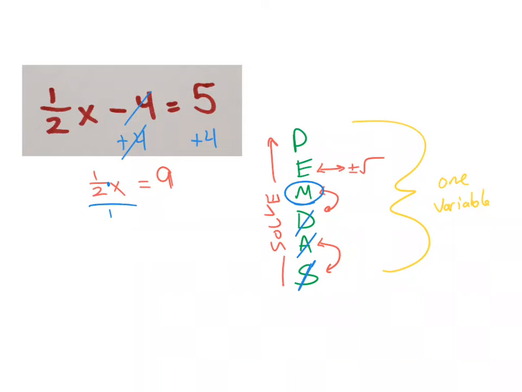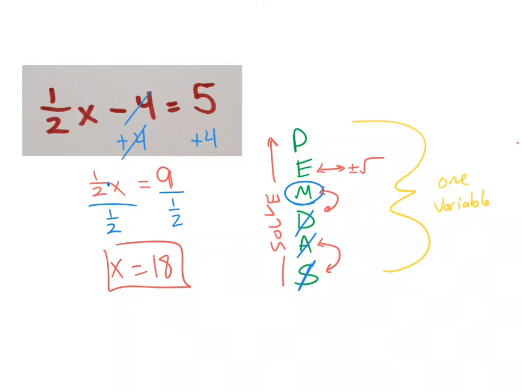So I'm going to divide by 1/2. That's not bad if you have a calculator. You can also just multiply both sides by 2, which is another way to get rid of fractions. So I multiply both sides by 2, or I divide both sides by 1/2, and I end up with x equals 18.